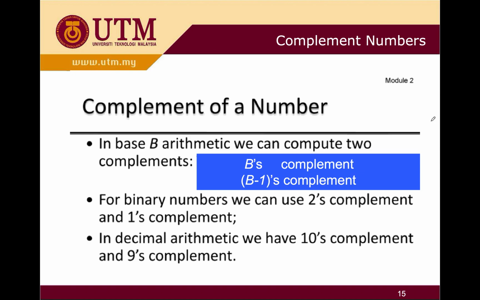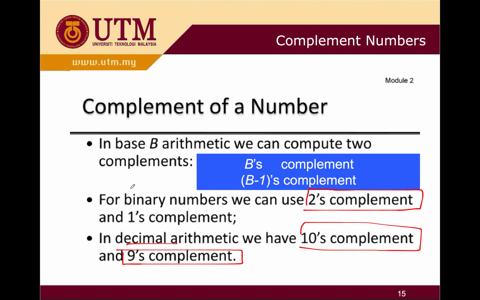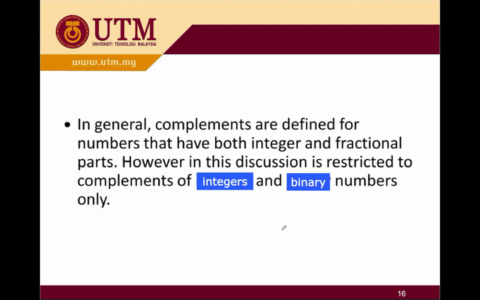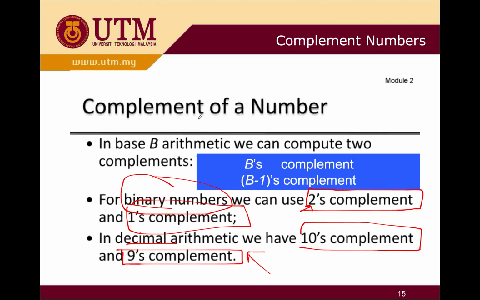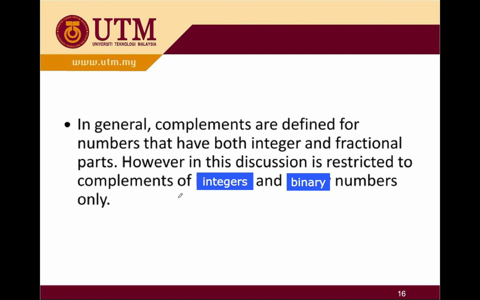For the binary number, we can use 2's complement. And for decimal, we can have 9's complement and 10's complement. Sorry, for this bit number, we have 2's complement and 1's complement. But what we're going to look at is only binary numbers. We're not going to look into decimal arithmetic. So that's why we're going to focus on first complement and second complement for binary numbers.